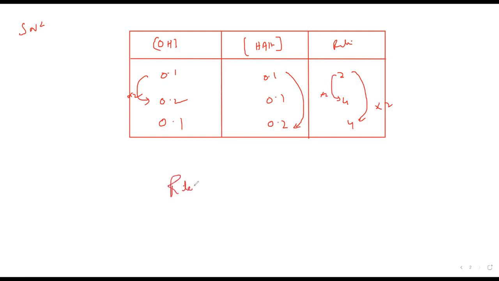So when we write the rate expression, it will be K times the concentration of OH and the concentration of halogen alkane. So that's why we call this an SN2 reaction, or nucleophilic substitution reaction, in which both species are responsible for the change in rate.